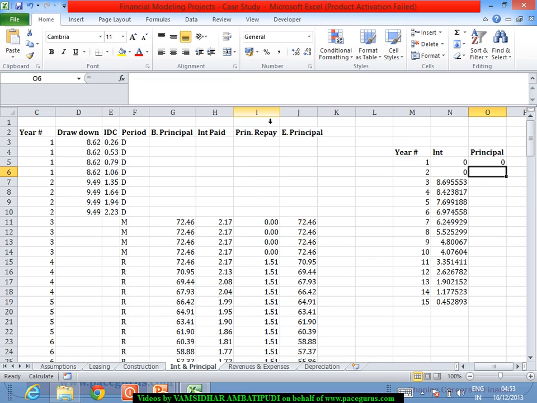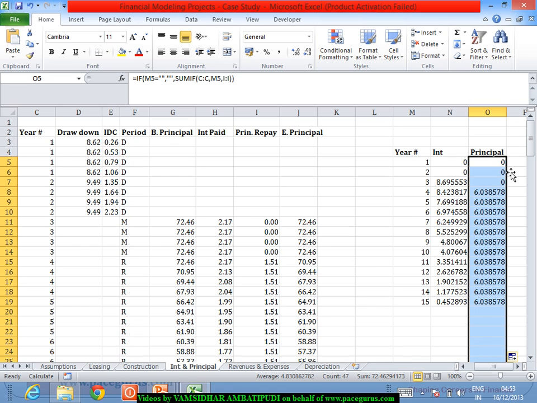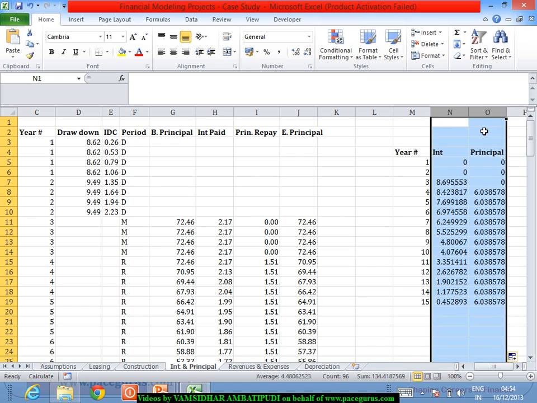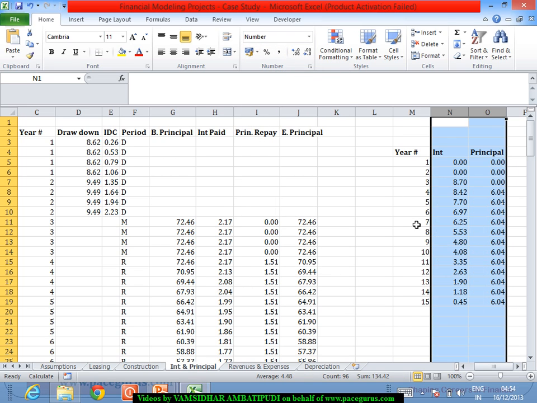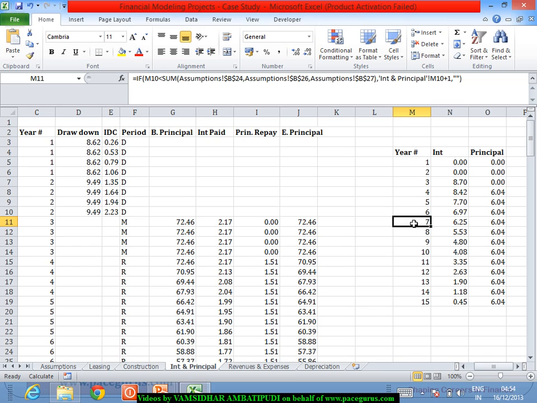So going with that, I get, okay, in the first year the principal repayment is 0, whereas in each of these years these are the various principal repayments that I am doing. And going ahead with this formatting, I'll say that these are the interest and the principal repayments that are possible for each of these periods.